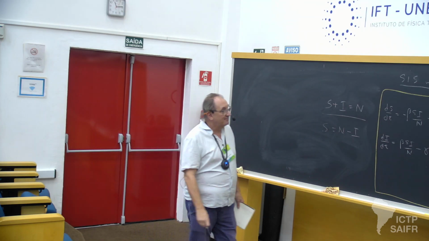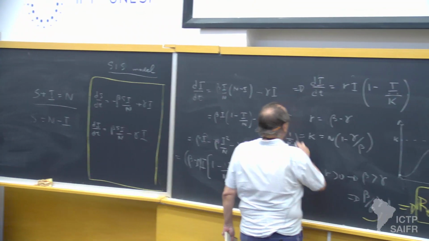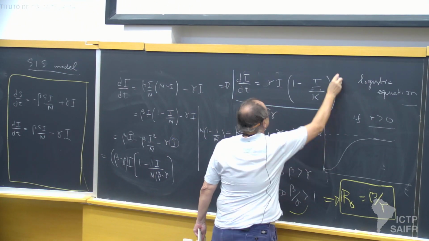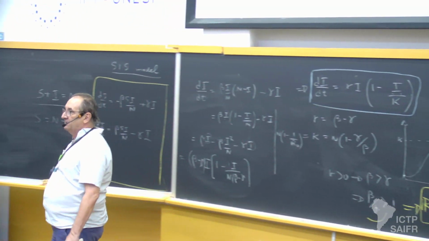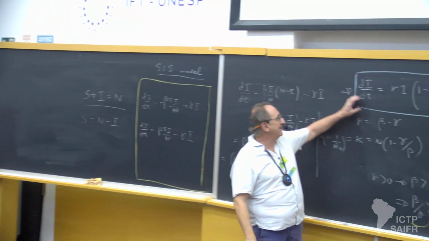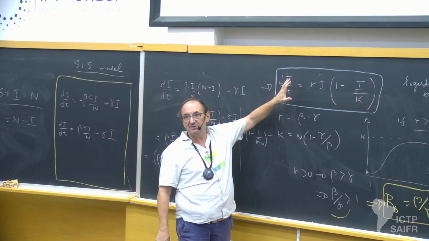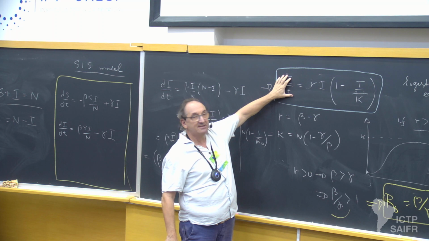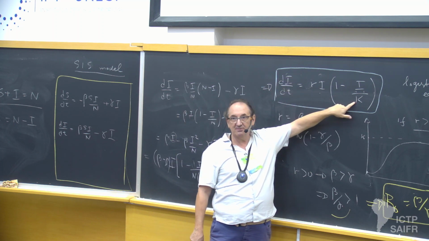So for those of more mathematical interest, this equation here is very easy to study because this equation has 2 fixed points. Fixed points are values of I such that dI/dt is equal to 0. So if dI/dt is equal to 0, then either I is equal to 0 or k is equal to 0.